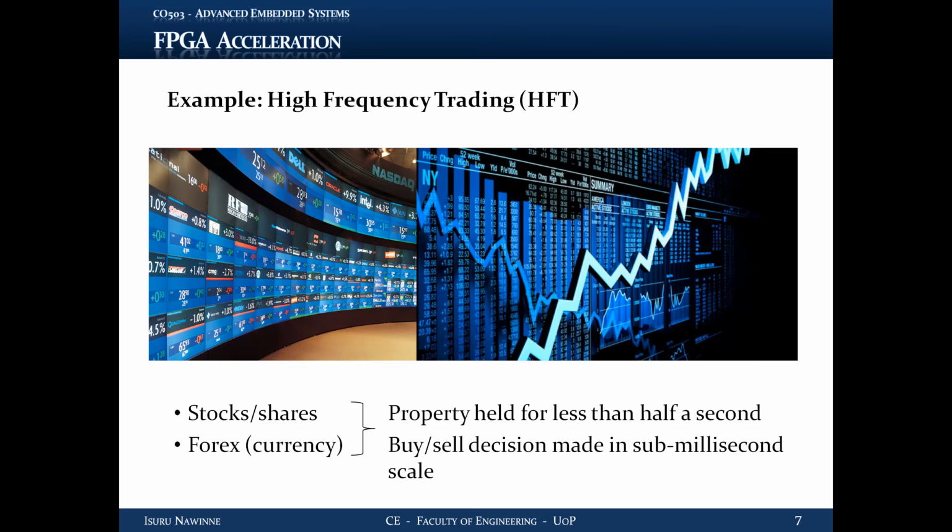This buying and selling happens at sub-millisecond level. You buy and hold only for a very short time. Humans can't do it, machines can. So FPGAs are used to do this, and they are being used by a lot of companies to gain massive profits by buying and selling stocks, forex, or whatever commodities.